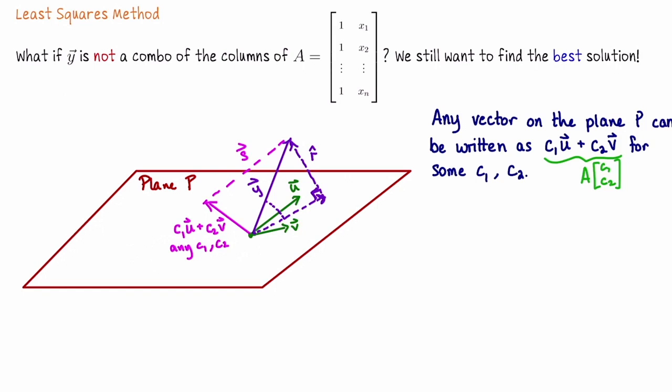For just a generic coordinate vector c1, c2, let's call that vector c. So this is like A times some vector c. We want to minimize the length of the vector we could describe as s equals y minus Ac.